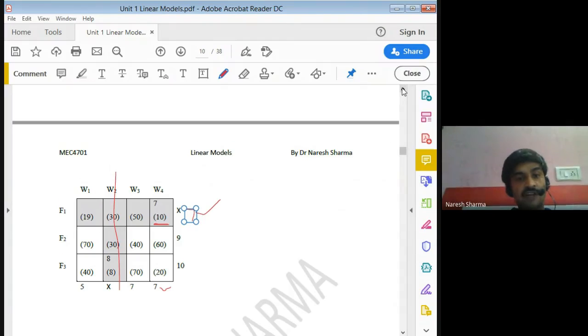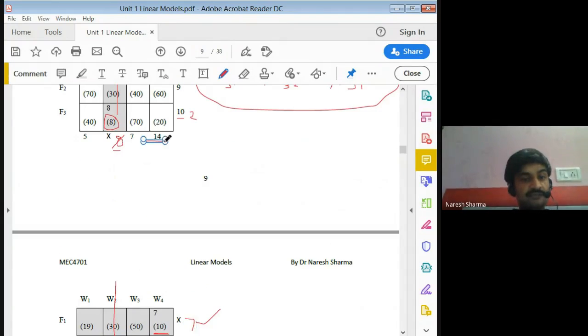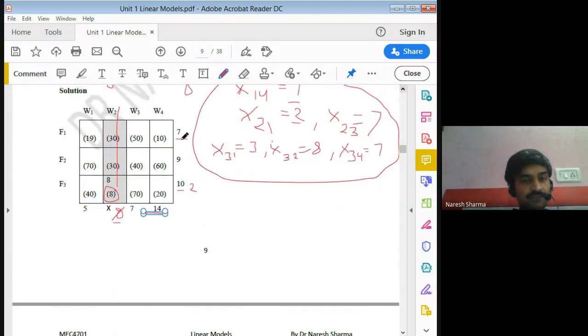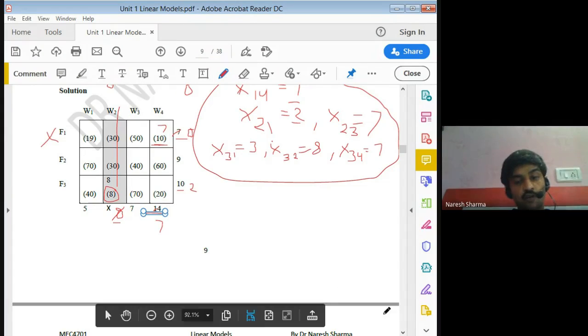Sorry, our requirement is 14 here, right? So we may do this step in this table. So the next minimum value is 10. So we allocate 7 here. So this becomes 0. This becomes 7. So we delete now, cross the first row.